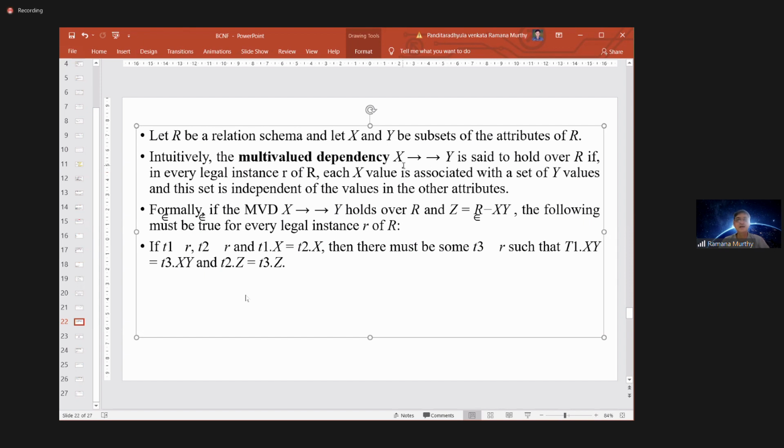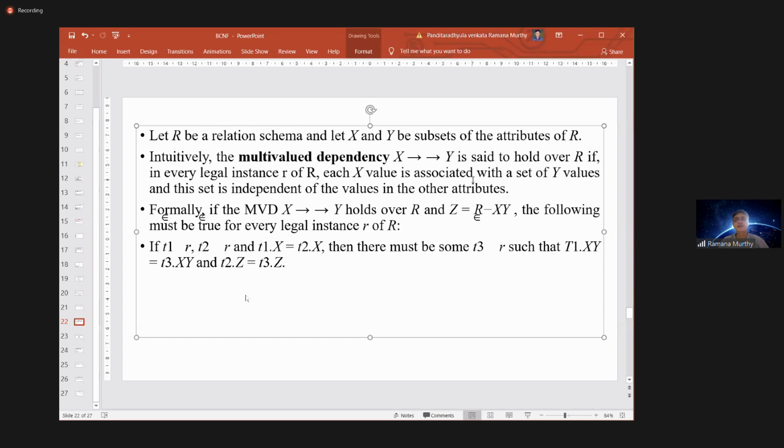The x can be a single attribute or a set of attributes. Similarly, y is also a single attribute or a set of attributes. But it is saying that for every x there are multiple y values. It indicates that for any relation R, or any legal instance of relation R, X is associated with a set of Y values.